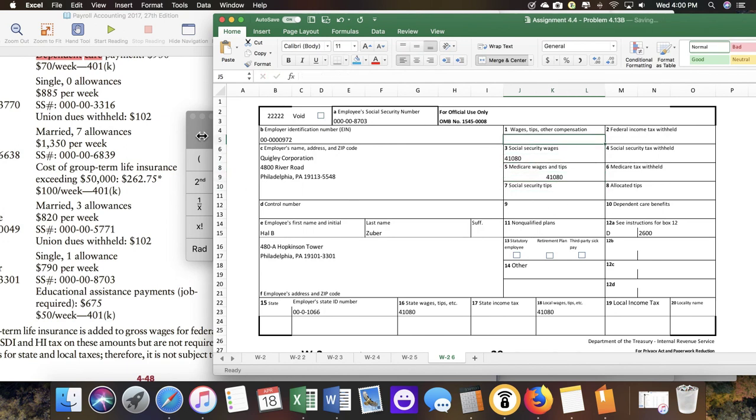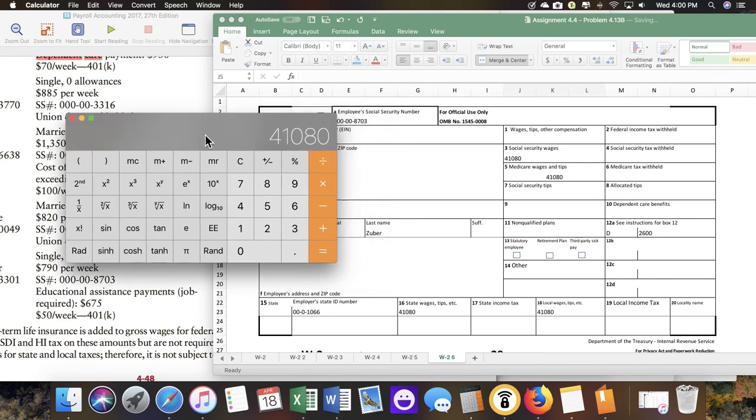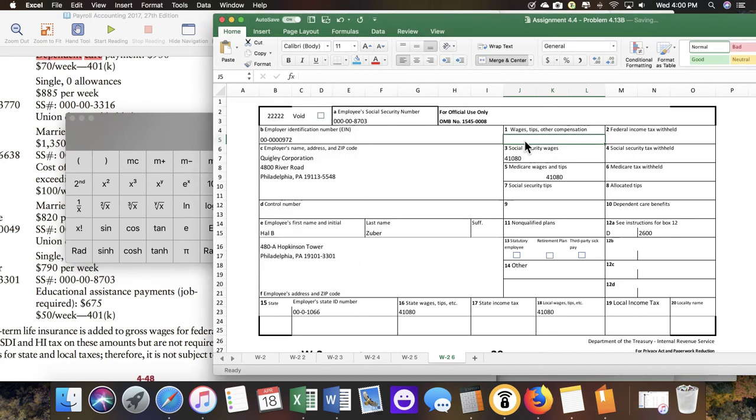So let's calculate box number 1. Take the actual total earnings, subtract his contributions to 401k, so that gives us $38,480. His educational assistance is going to go at the bottom in box 14.